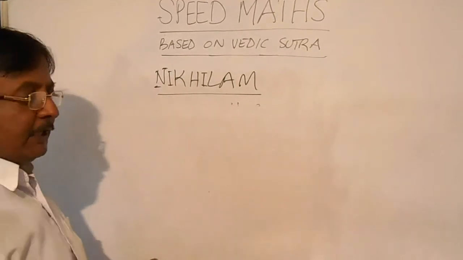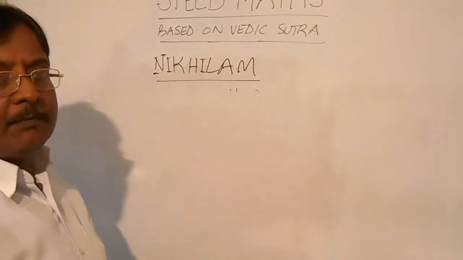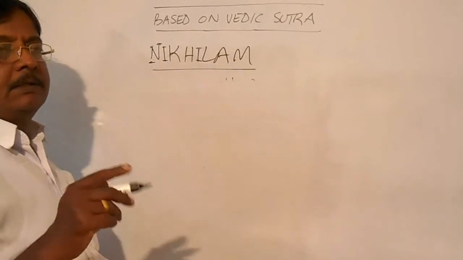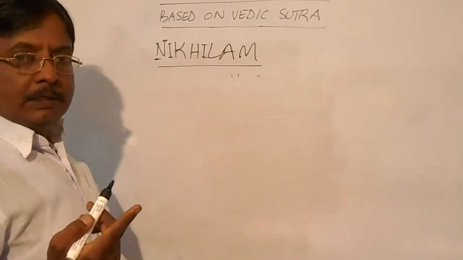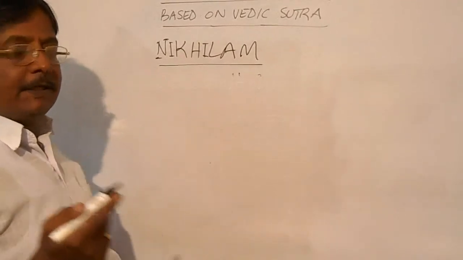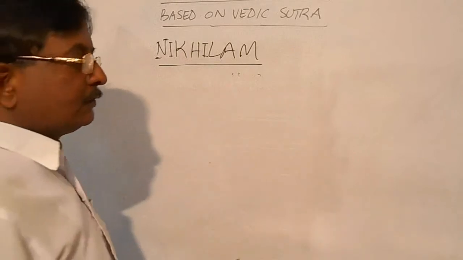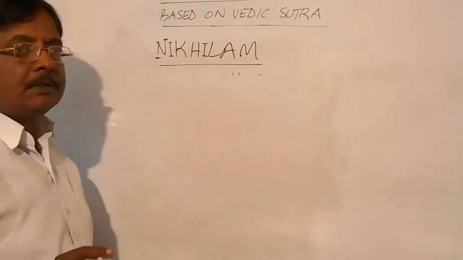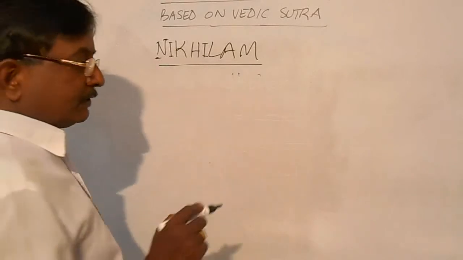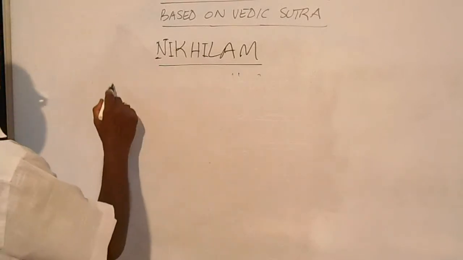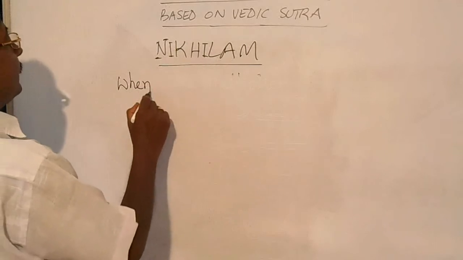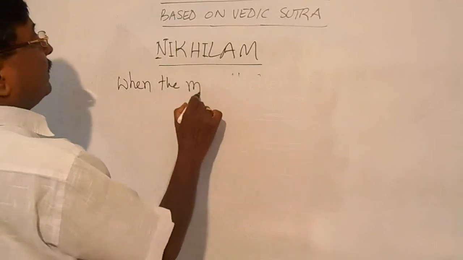In case of multiplications, when the multiplier and the multiplicand are nearer to the base, either 10, 100, 1000, 10,000 and so on, we can use this Nikilam to perform the multiplications.